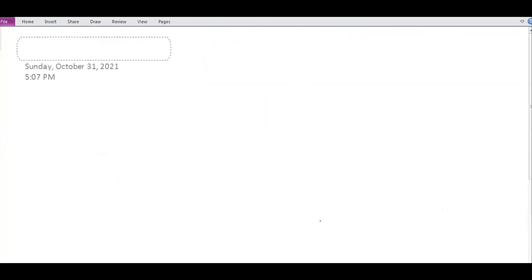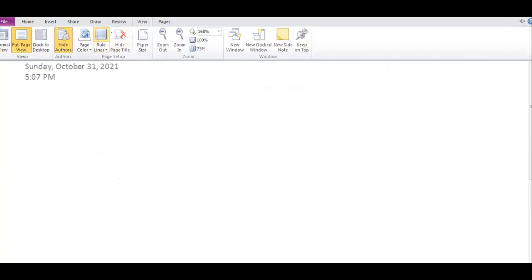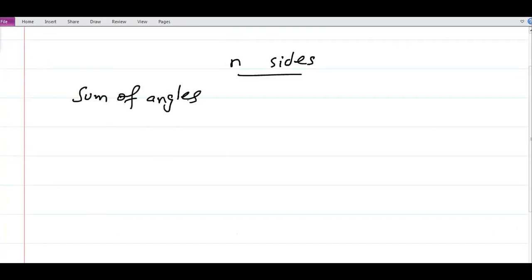And then let's say if you have a polygon which has n sides. Formula for the sum of angles. It is n minus 2 into 180 degree.